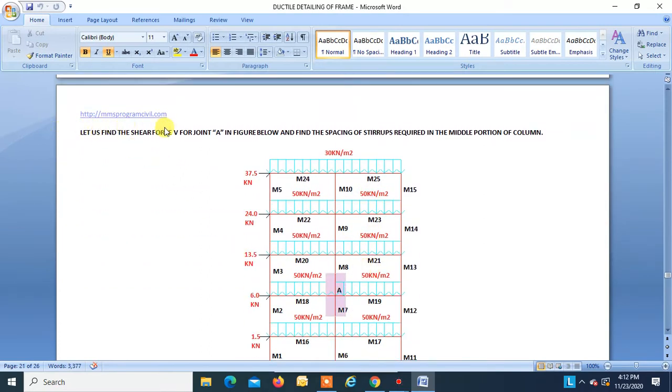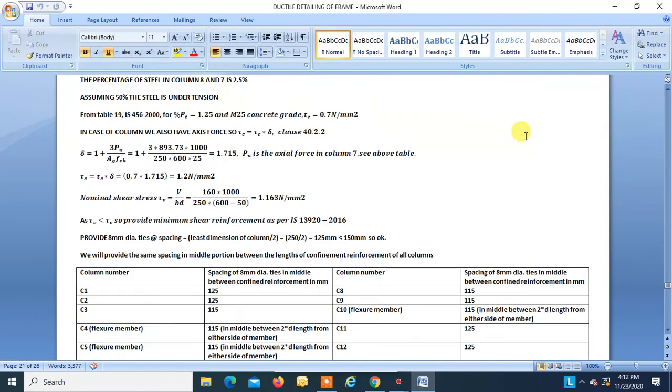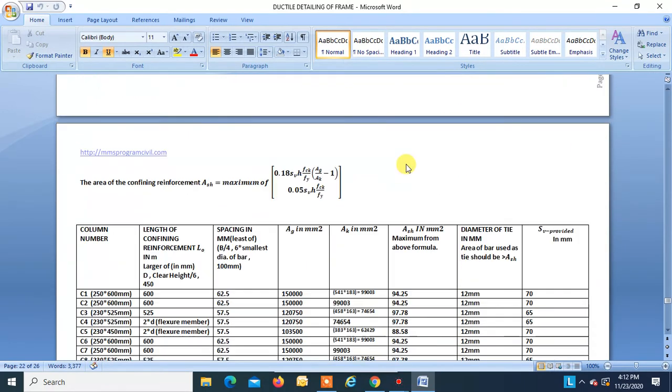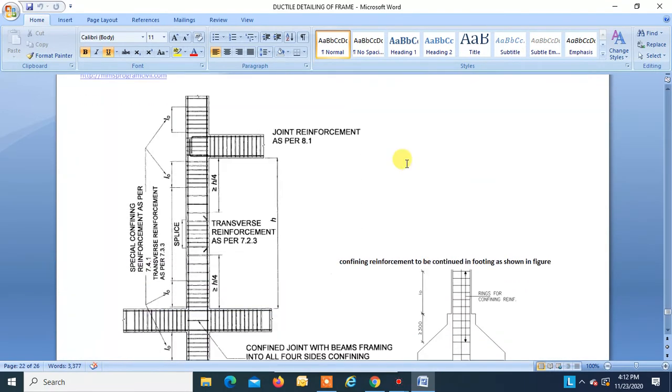Let us find the shear force V at joint A in the figure below and find the spacing of stirrups, or you can say ties, required in the middle portion of the column. Now we are finding the shear force at the mid span of the column. So this is our standard detail.